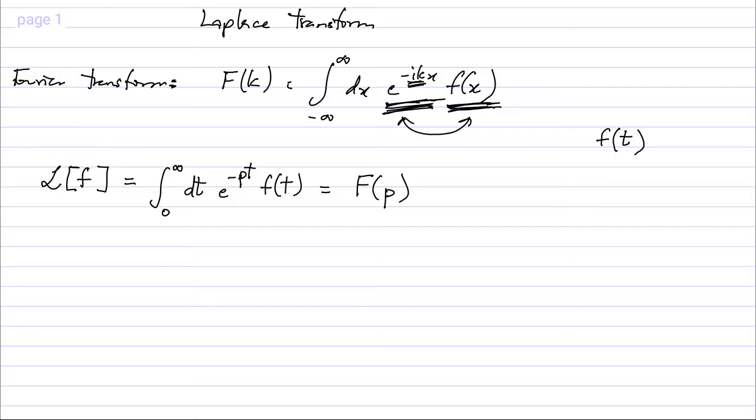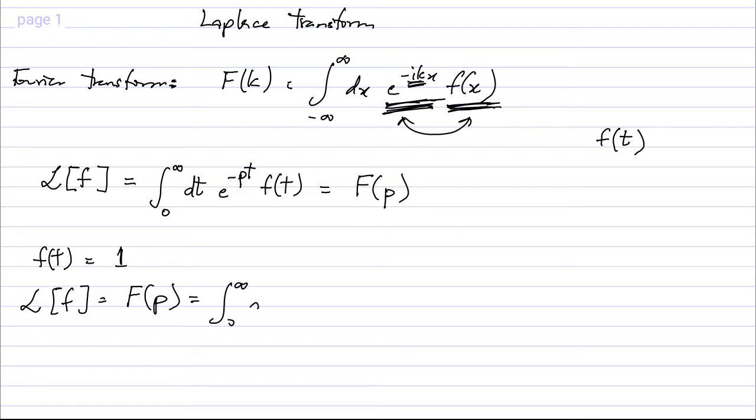Okay, the first case I do is the simplest case, where f of t is simply the constant 1. So the Laplace transform of f, capital F of p, is simply the integral from 0 to infinity dt e raised to power minus pt, because f of t is simply equal to 1.